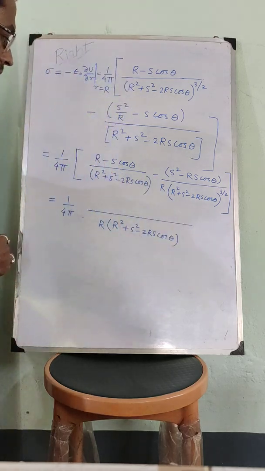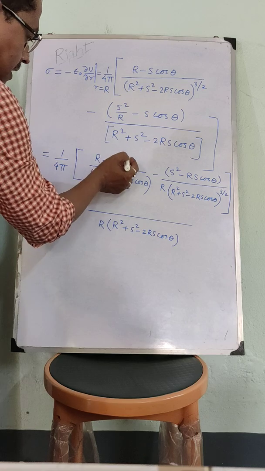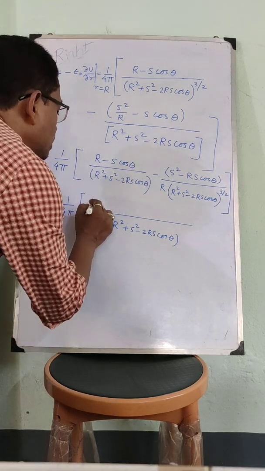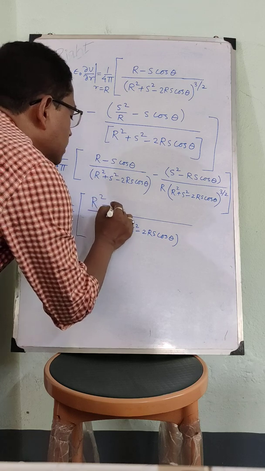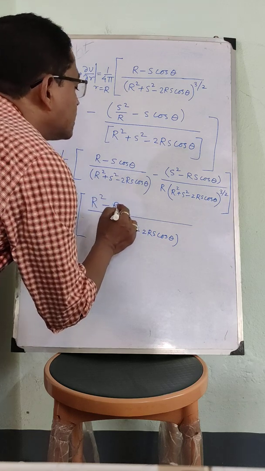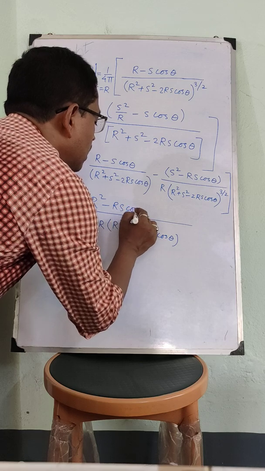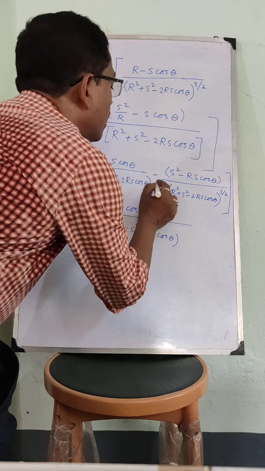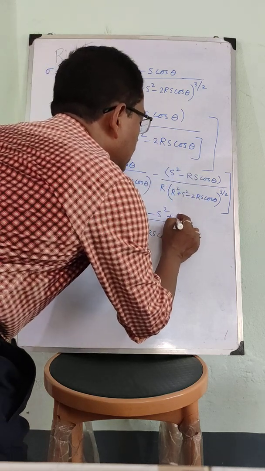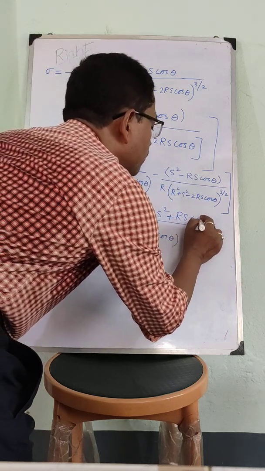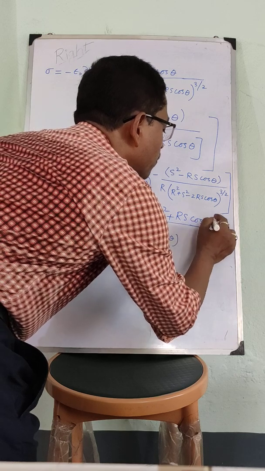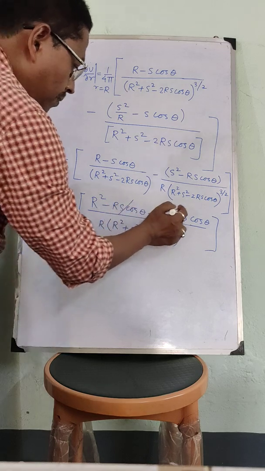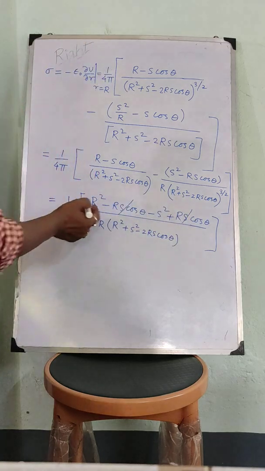So in the numerator I will have to multiply this quantity by this r, so I will have r square minus rs cos theta minus s square plus rs cos theta. Okay, so we can see that this term cancels.